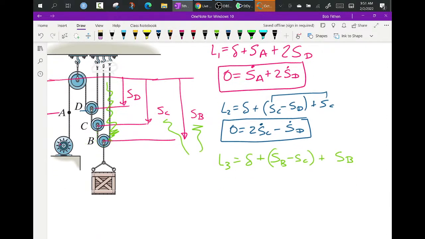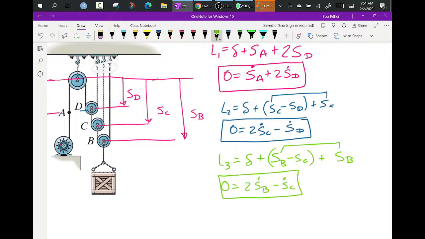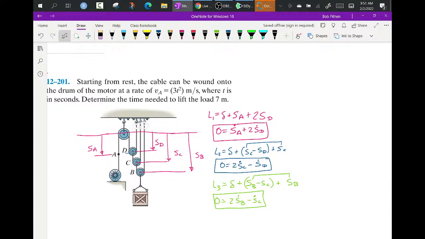I'm going to get rid of all this on here. So take a derivative, and recognizing these two are the same, you get 2 SB dot minus SC dot. And there you go.